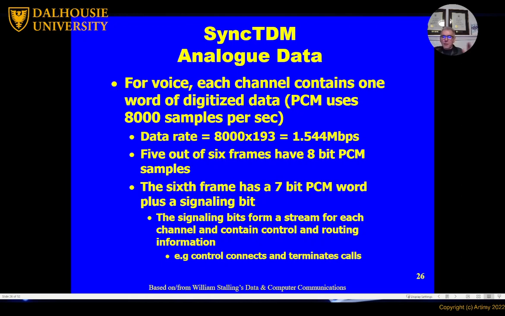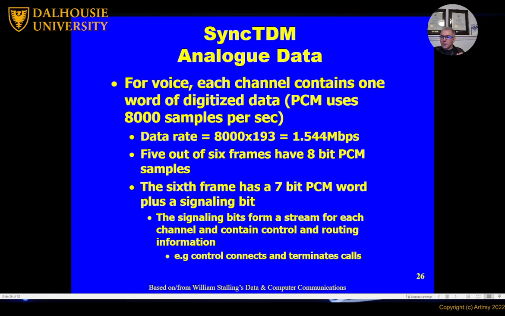So each frame will carry 24 channels, right? But every sixth frame is modified a little bit. So the sixth frame includes 7-bit words and a signaling bit.